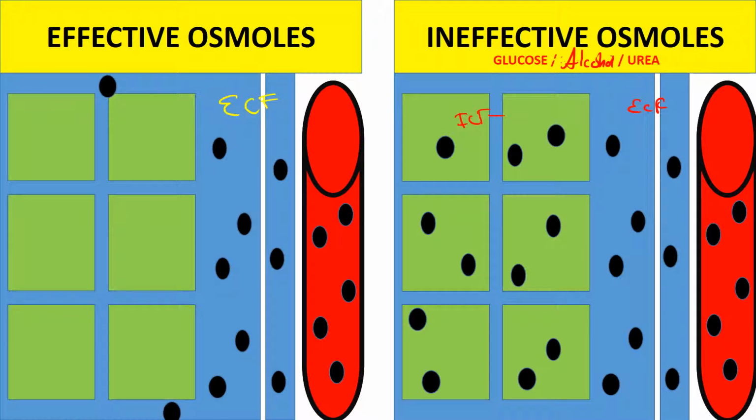It will increase in both the spaces, however much we have given. Other than that, it doesn't have any effect. But if you give effective osmoles, they remain in the extracellular fluid and pull the fluid out of the intracellular space and lead to the reduction in the edema in the intracellular fluid space.